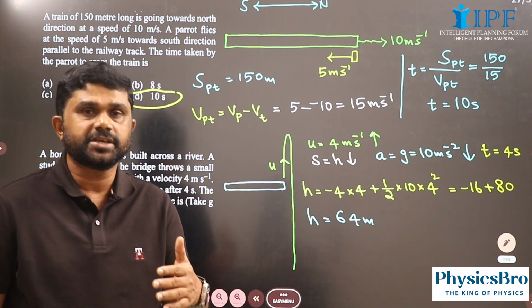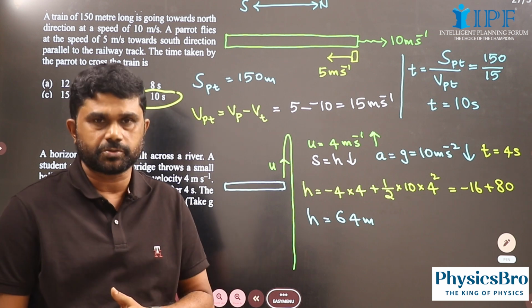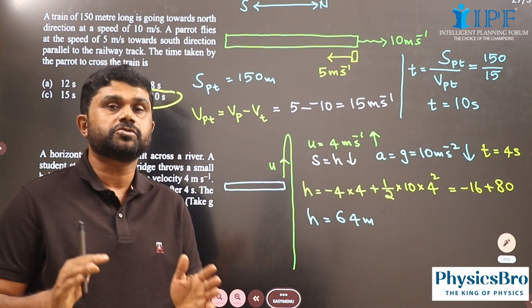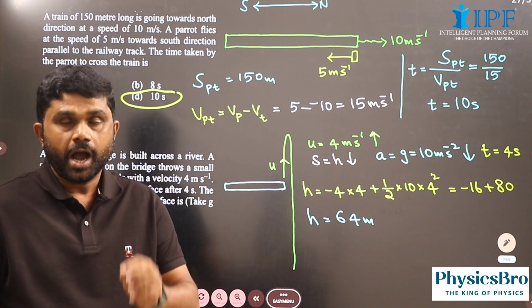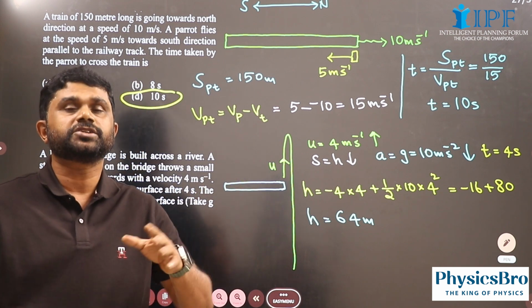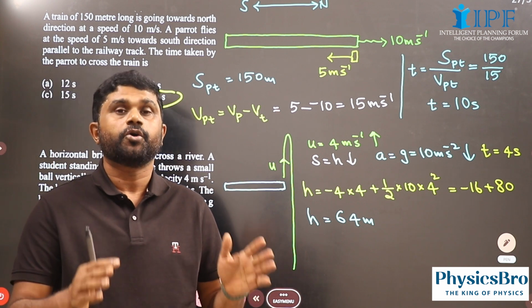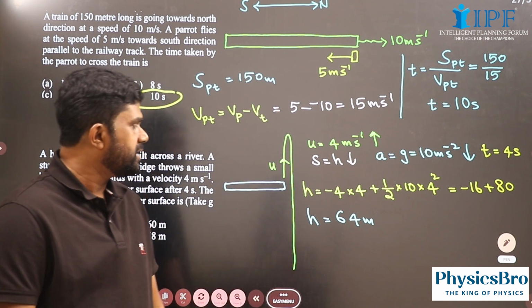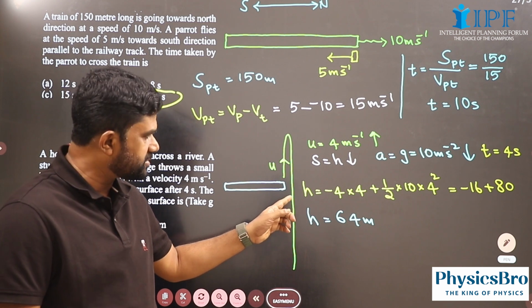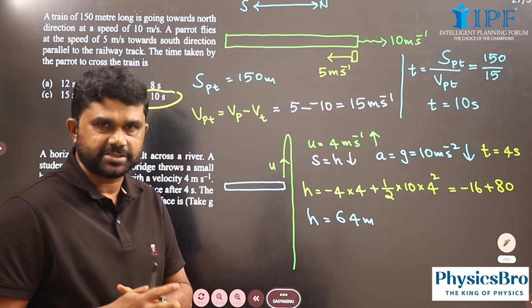So we have to apply the equation S equal to ut plus half at square. There are quantities directed upwards and also quantities directed downwards. Out of these, any one direction you can choose as positive. Only thing is that the opposite should be negative. So see here, displacement I have taken positive because I have written only h, not minus h.